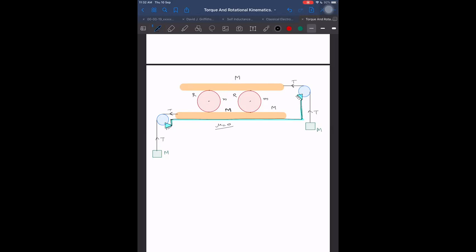Angular acceleration in this will be in this direction, and here will also be in this direction.